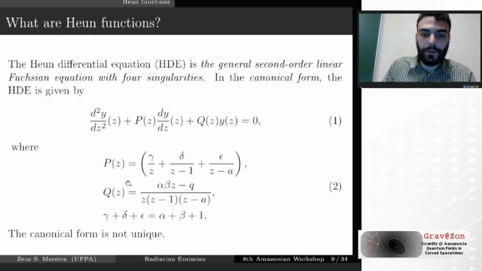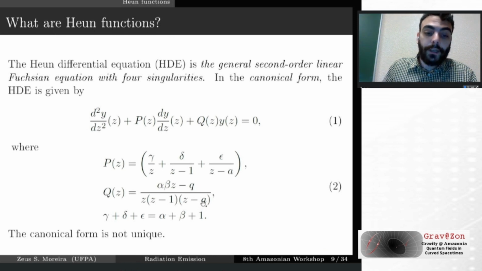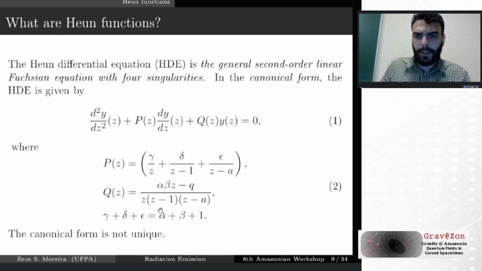In these functions P and Q, we have some parameters. Gamma, delta, epsilon, alpha, and beta are called polynomial parameters. q is called an accessory parameter. a is called a singularity parameter. The polynomial parameters must satisfy this relation over here. And I told you that this is the canonical form of the Heun equation, but I didn't tell you what a canonical form is.